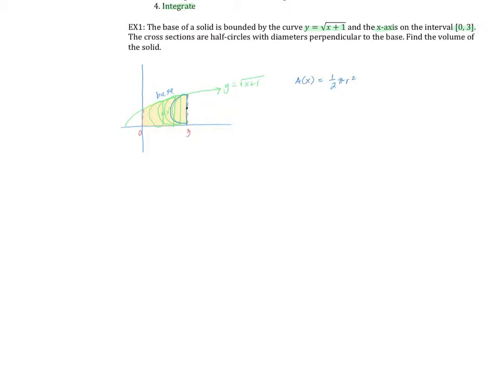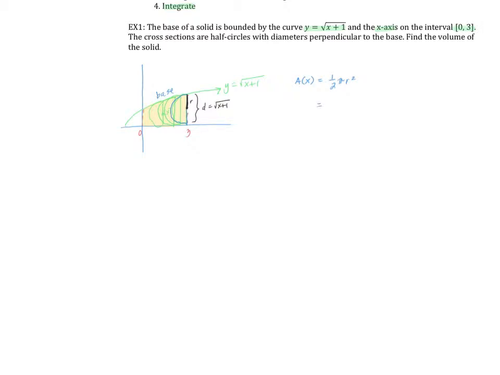So r, our radius, is the halfway distance. When you think about this, the whole distance, this diameter, is just our y function, which is the square root of x plus 1. So a formula for my radius r would be half of the square root of x plus 1.